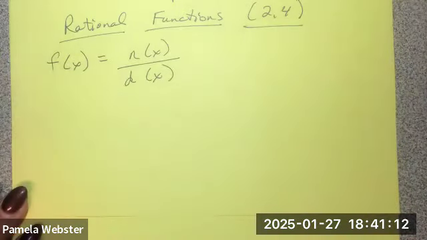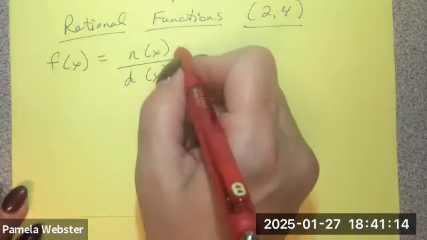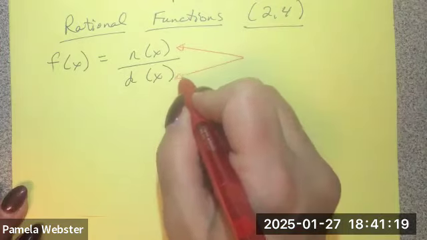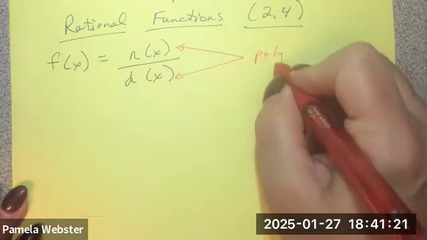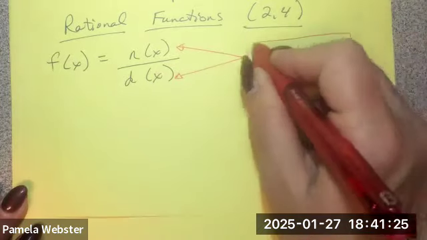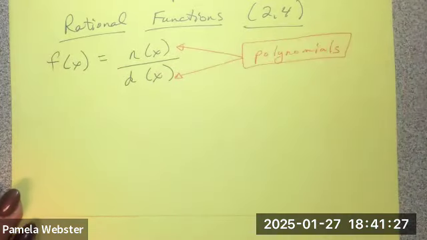And in fact, your book defines these as polynomials. So not just any old function, but they have to be polynomials. If you remember, those are non-negative exponents, so it's going to be like x to the fifth plus x to the third plus whatever.